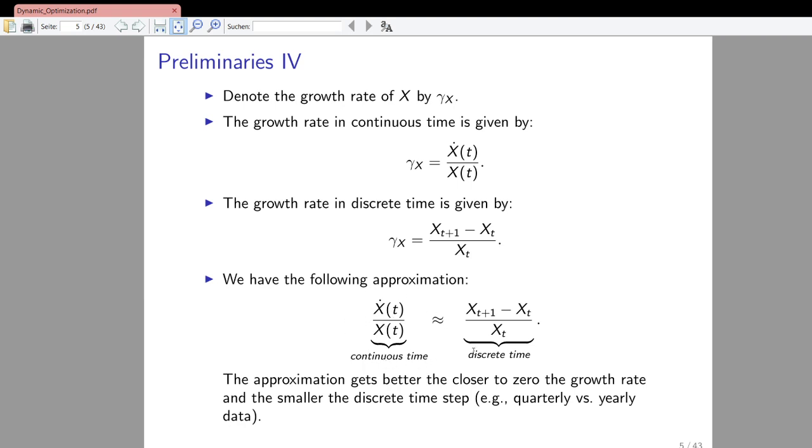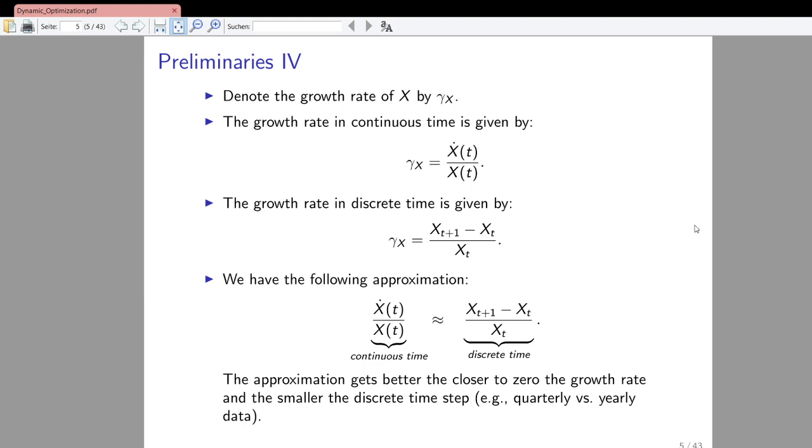But if we only measure this variable in discrete time, then we can approximate the continuous growth rate by the discrete growth rate and by making the time changes arbitrarily small. So basically this is an approximation, and the approximation becomes better the closer the growth rate itself is to 0 and the smaller the time step is between time t and time t plus 1.